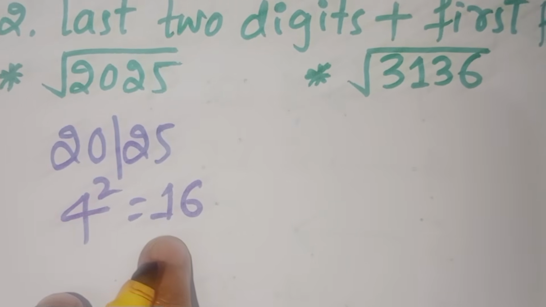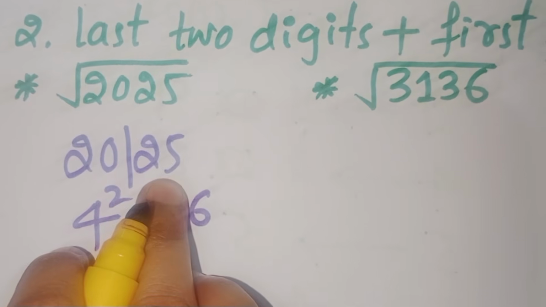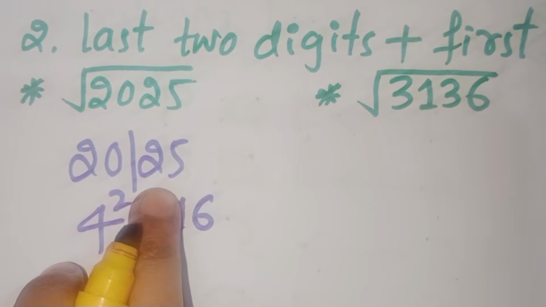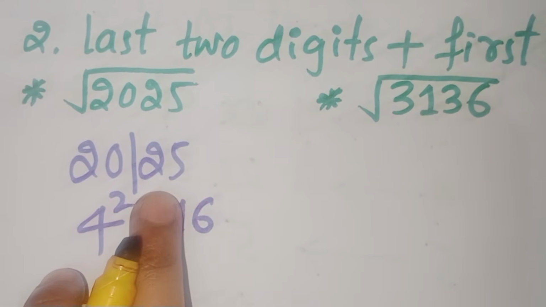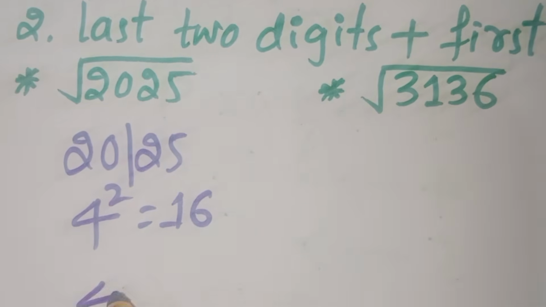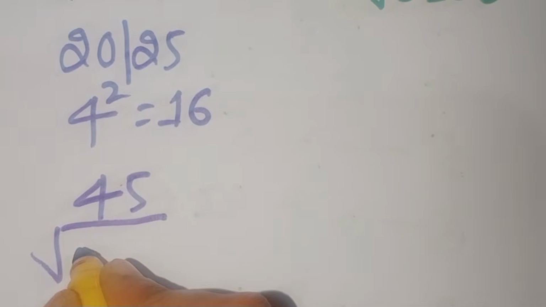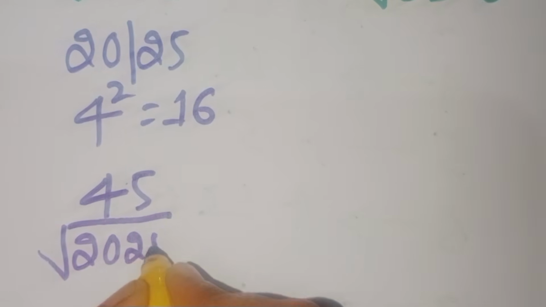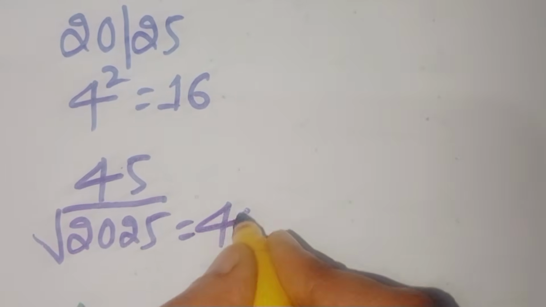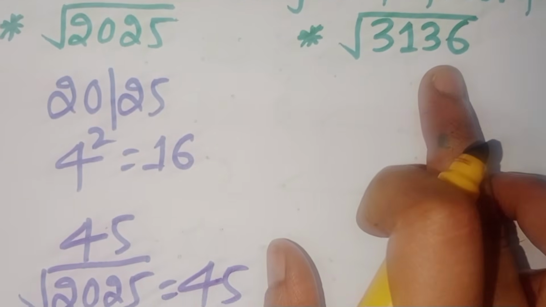So our answer starts with 4. Now look at the last 2 digits 25. A square ending in 25 has a square root ending in 5. So we get 45. Square root of 2025 is 45.